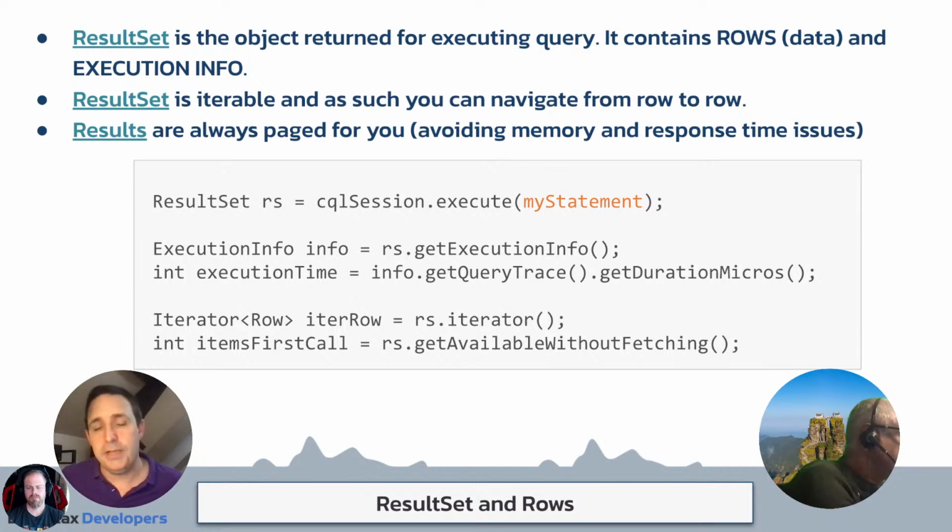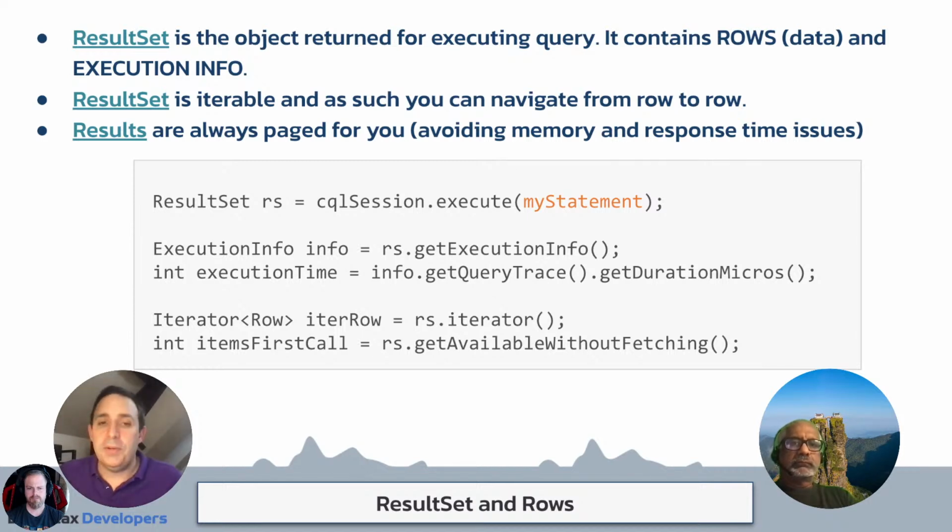The default page size is 5,000. And so when you navigate through the result set, if you reach the last item of page 1, under the hood, the driver will keep fetching the next page for you. So if you do rs.all, it will get the next pages for you.